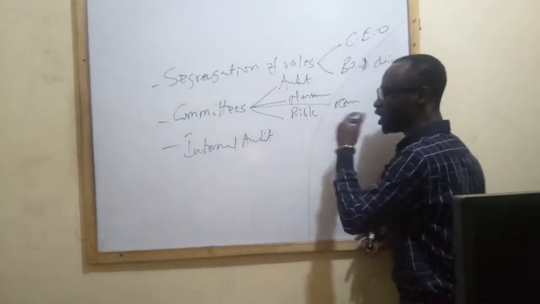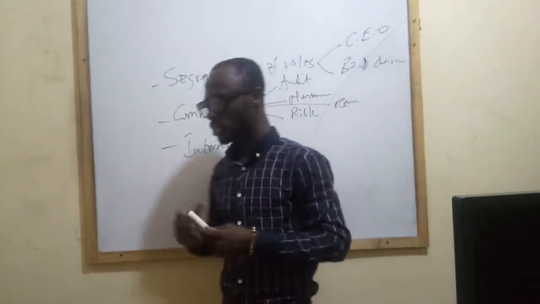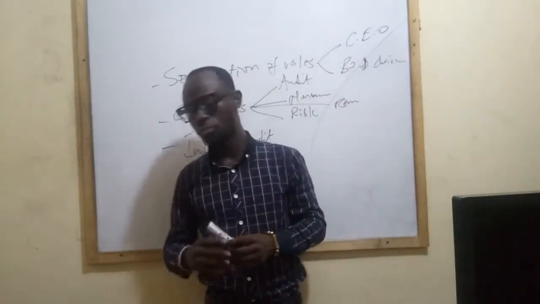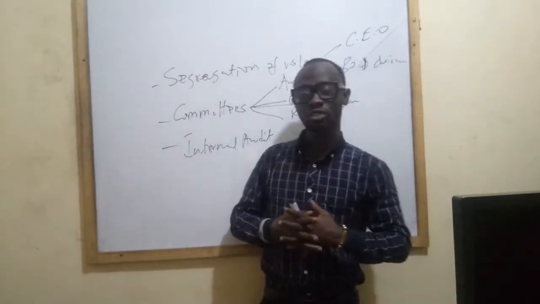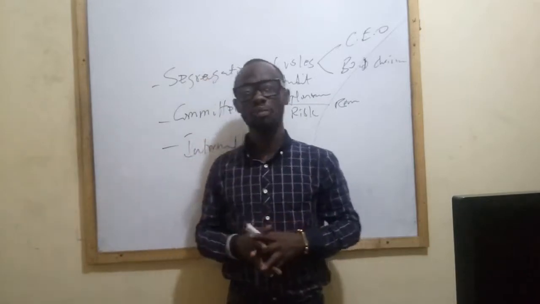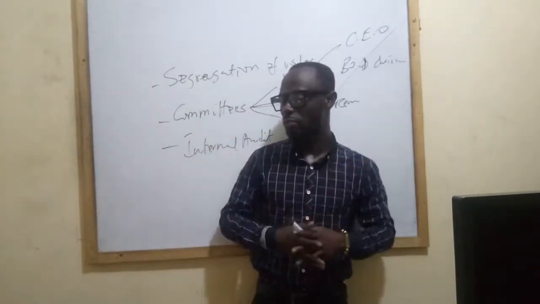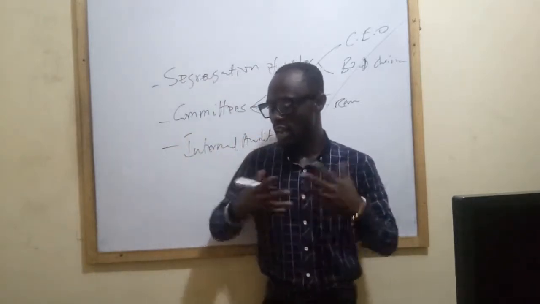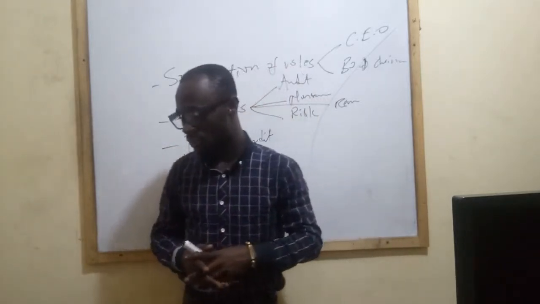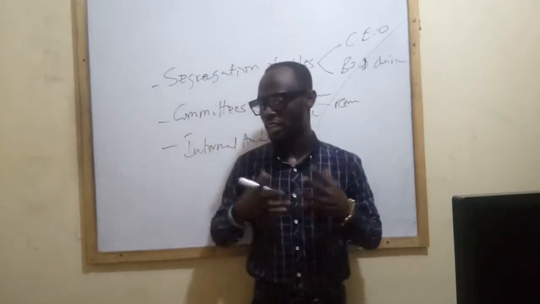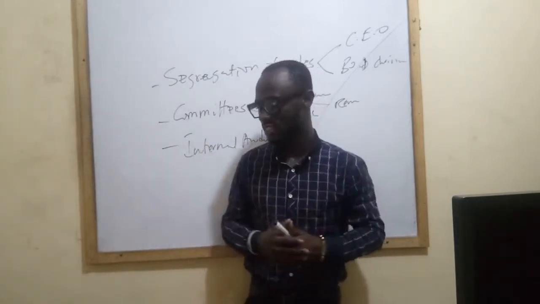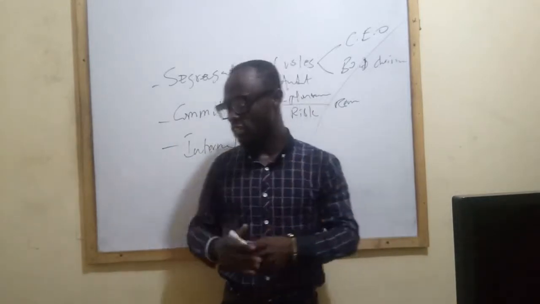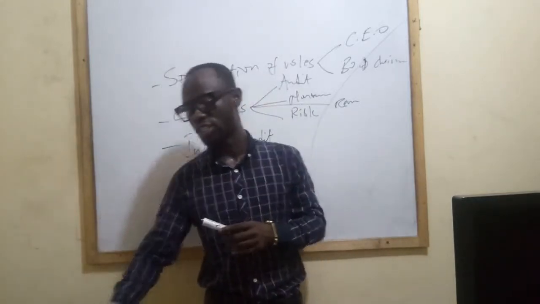Then the next committee is the Risk Management Committee. Now we've discussed issues about risks of the organization, but every organization is to some extent faced with some business risks. That is the risks that the products may become technologically obsolete, the risks that they may be losing key staff, the risks of catastrophic failure in their IT system, the risks of change in government policies, then the risks of what? Fire or natural disaster.